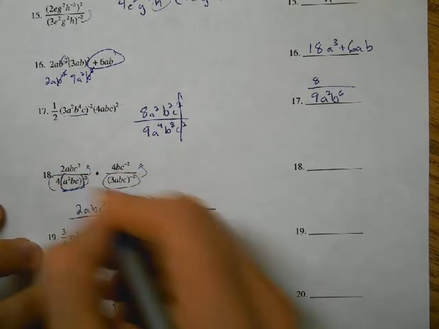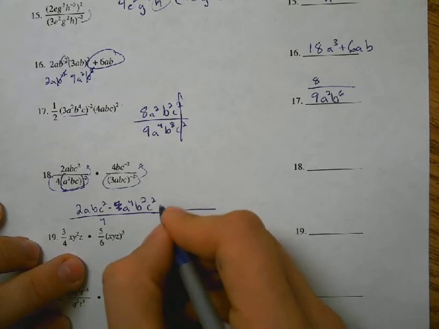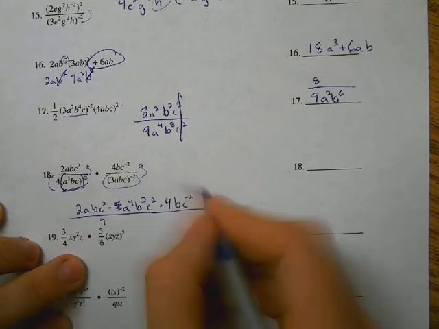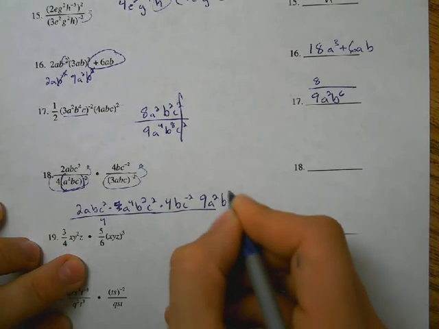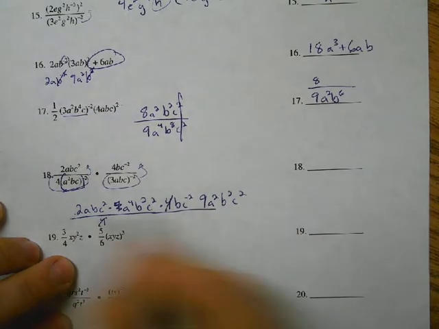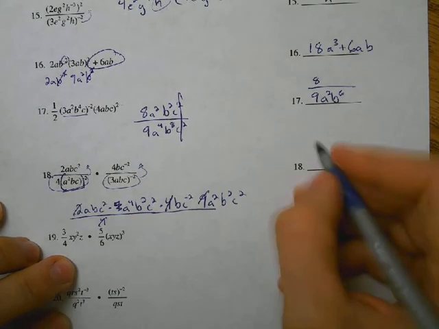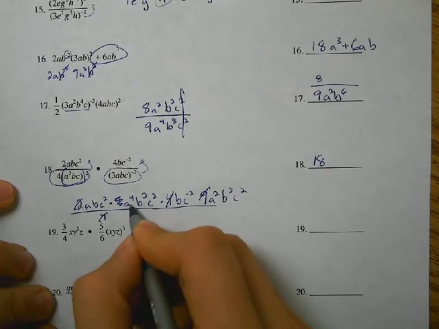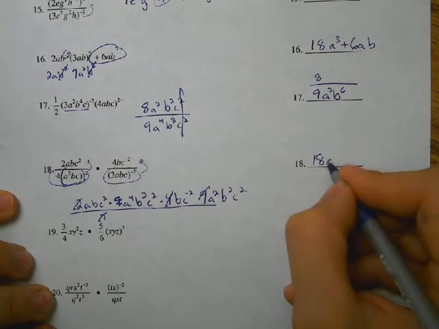It's just going to pull that. I've got my 4 again on the outside. I've got b, c^-2. This -2 goes on the inside, and that gives me 9a squared, b squared, c squared. 4s are going to cancel, and here we go. 2 times 9 is going to give me 18. I've got 1a, 4 more is 5, 2 more is 7.